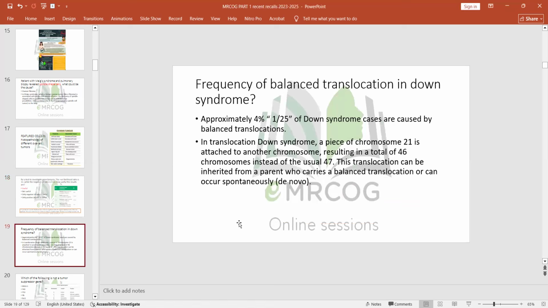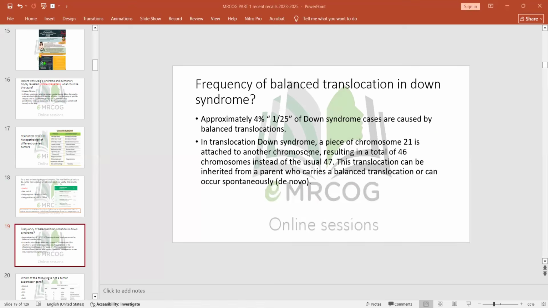Okay, the frequency of balanced translocation in Down syndrome. Do you remember the numbers in Down syndrome? Do you remember how many Down syndrome cases happen because of non-disjunction? What is the most common mechanism of Down syndrome? Non-disjunction, excellent.